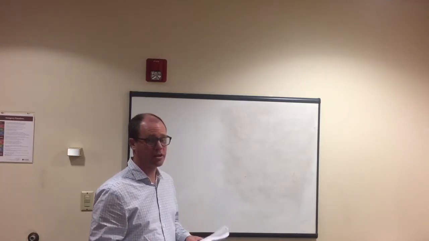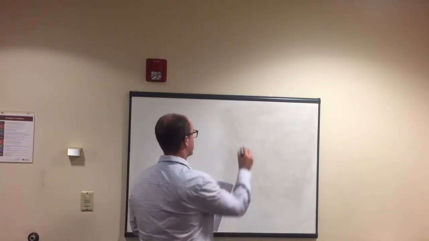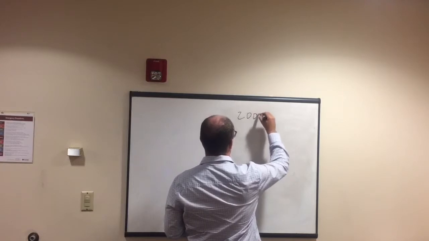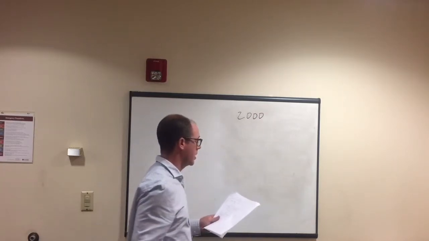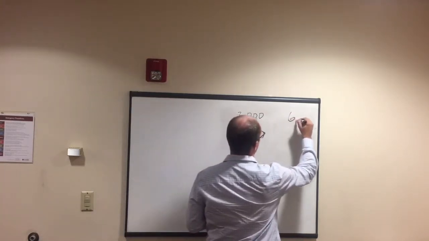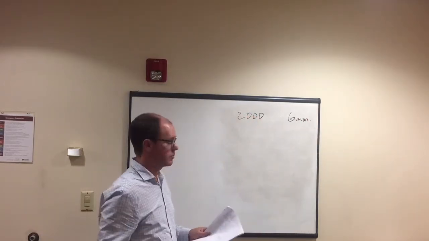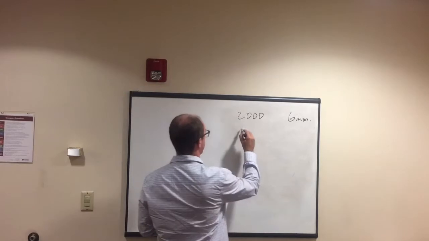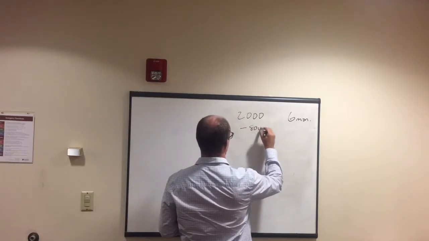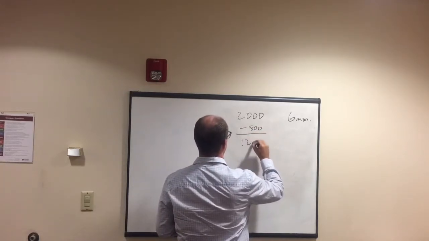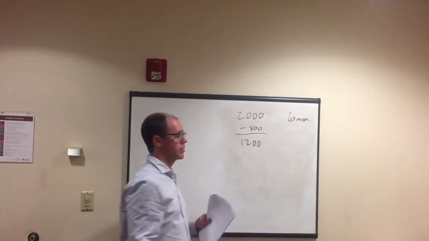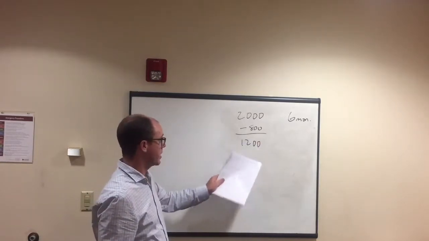Okay, next one, credit card. Okay, so we start off, we have $2,000 on our credit card, and we want to pay it off in 6 months. Okay, so what we do, first thing happens is we pay $800, right? So that knocks the price down to $1,200, and now we have 6 months to pay off $1,200.